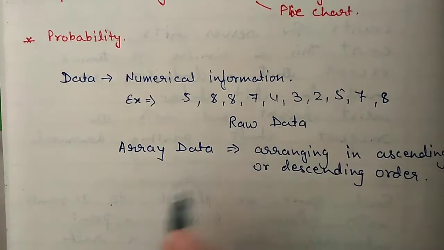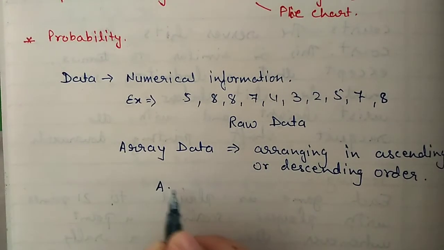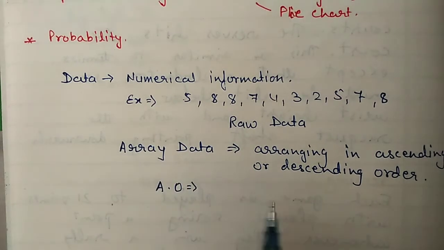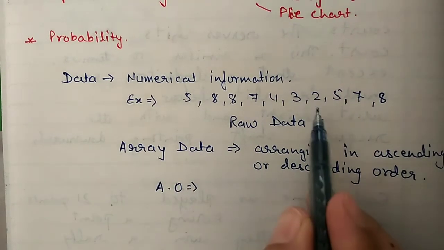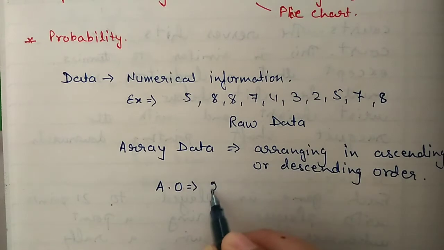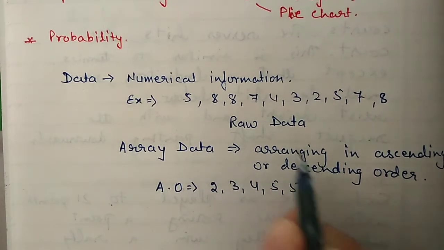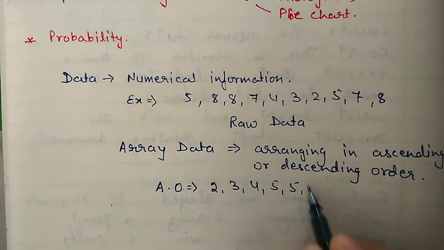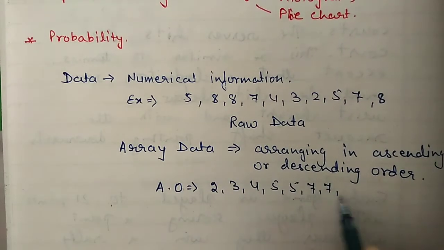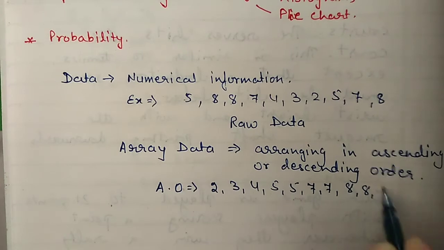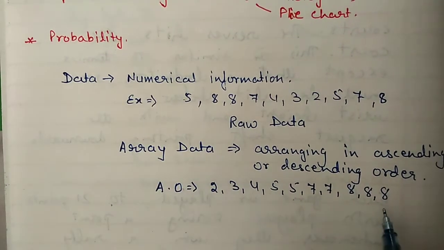For example, if we arrange this data in ascending order, means from small to big, the smallest mark is 2, then 3, 4, then 5 is here 2 times. After 5, 7 is there 2 times, 8 is there 3 times. So this is array data.